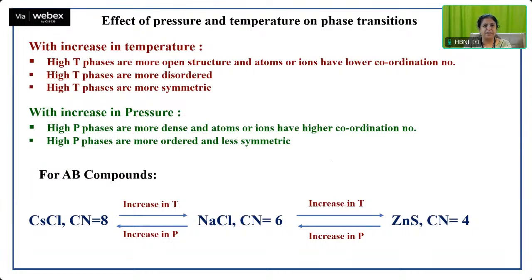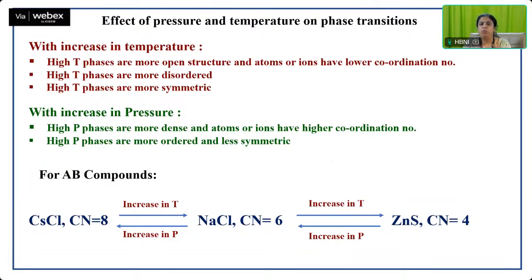So what are the 4 things that we talked about? The high temperature phases would be more open, more symmetric, ions will have lower coordination number, and they'll be more disordered. And mind you, I want you to pay very close attention to the fact that I've mentioned more disordered and more symmetric.